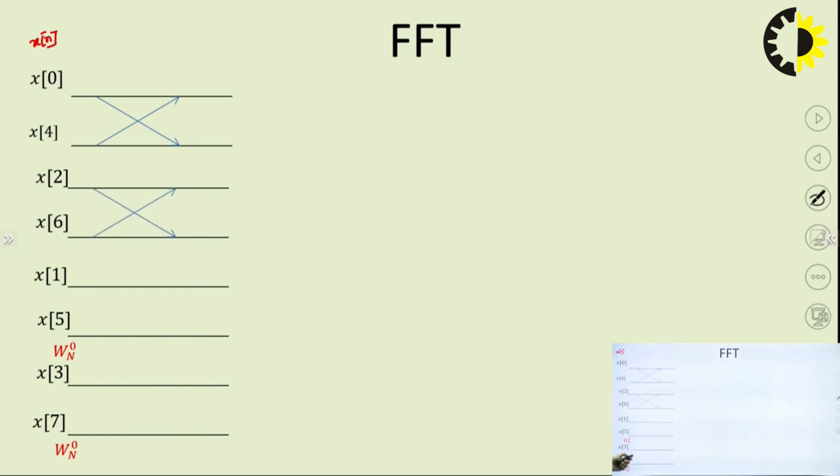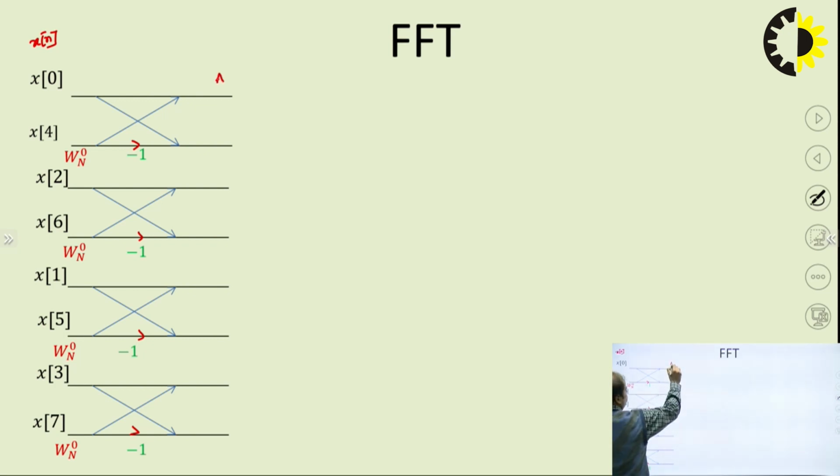Computation takes place like this, and in all the lines, the second line will be all minus ones, and the twiddle factors will be Wn raised to the power 0. Then we will have a of 0, suppose for our understanding, a of 1, a of 2, and something like this. Then we again move forward to the next stage.